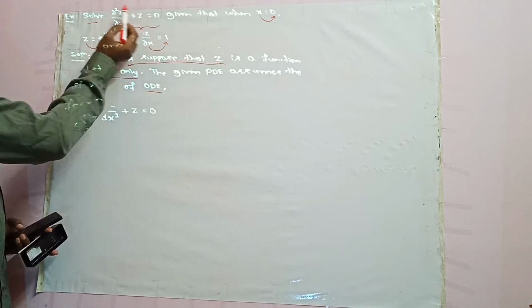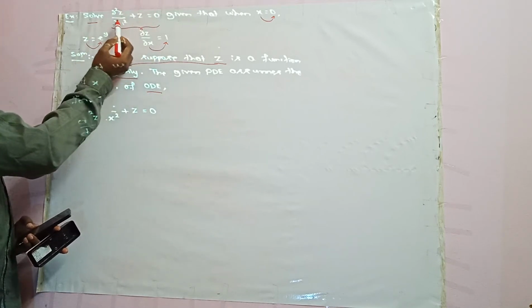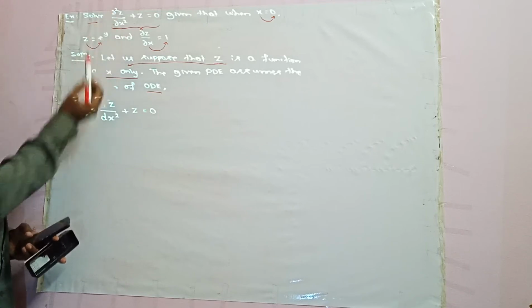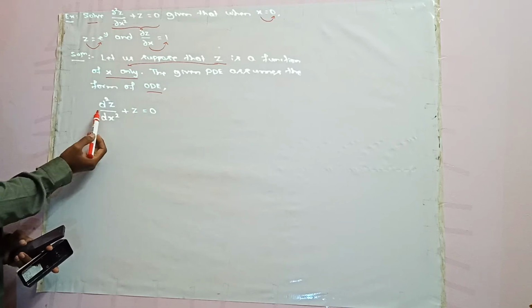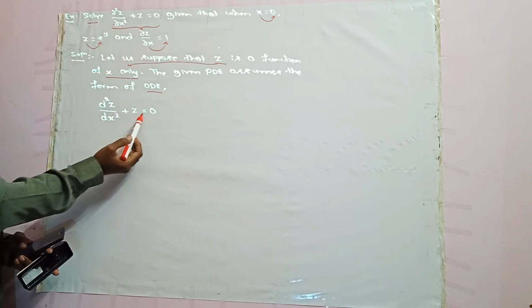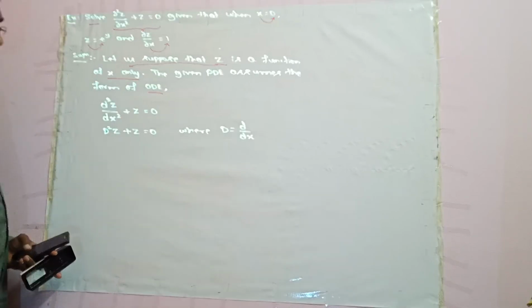How do we write the ODE out of this? Just write d in the place of ∂. Instead of ∂²z/∂x², we write d²z/dx² plus z is equal to 0.